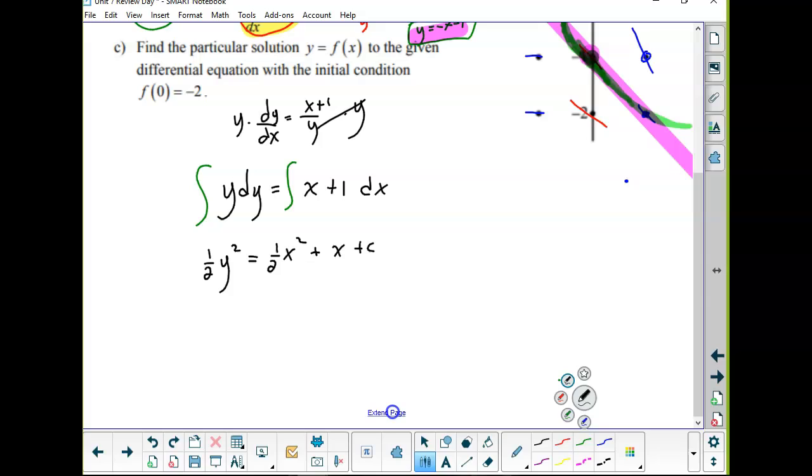So nothing crazy there. Now we're going to use the initial condition. So I'm going to plug in -2 for y. I'll plug in 0 for my x's.